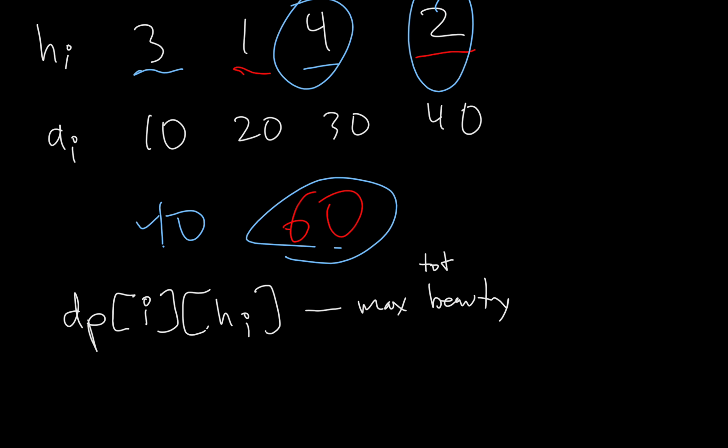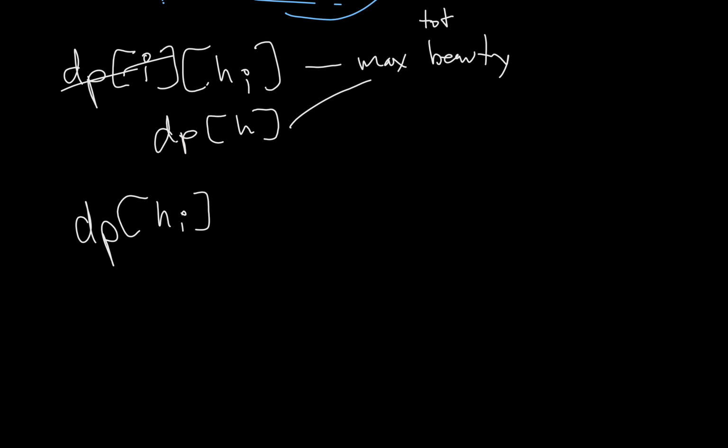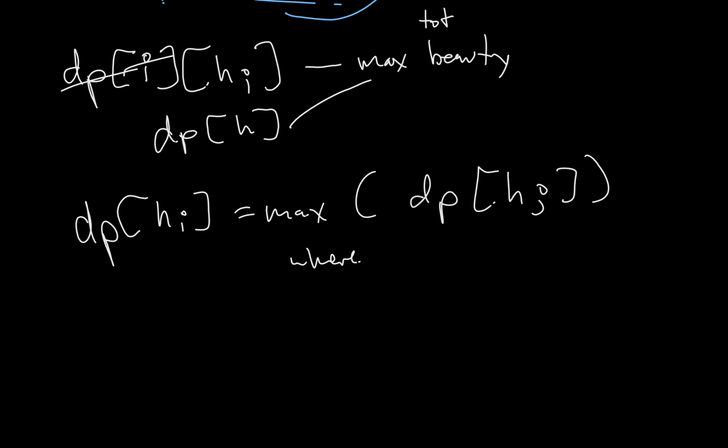Because each of the heights is distinct, you don't really need to have this beginning part, and it could just be dp of the height. So how would you do this? All it would be is dp of h_i would basically be the max of dp of h_j, over all j where j is less than i and h_j is less than h_i.